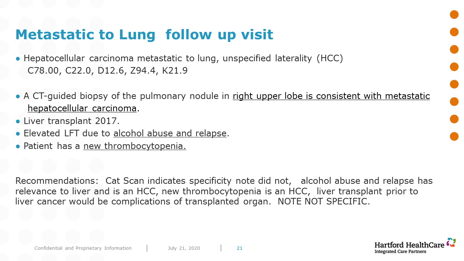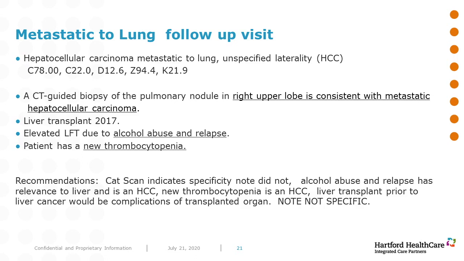And so, of course, they picked C78.00, which is metastatic lung, C22.0, which was the liver cell cancer. They also picked D12.6, which was benign neoplasm of the colon, Z94.4, which was a liver transplant, and K21.9, which was GERD.